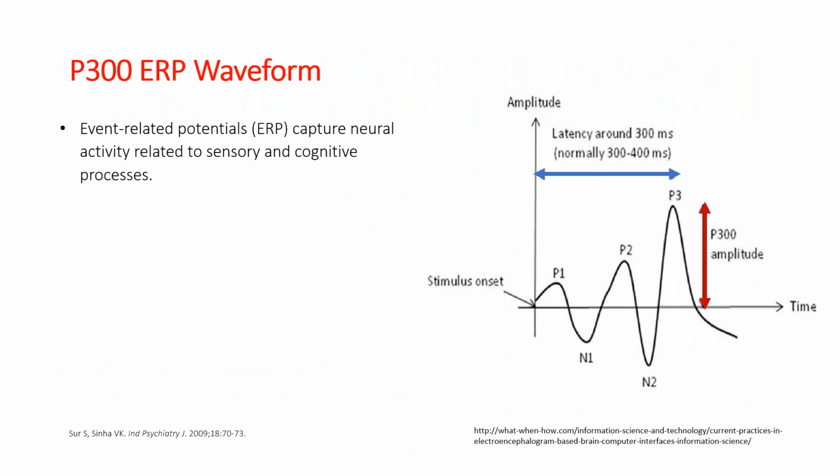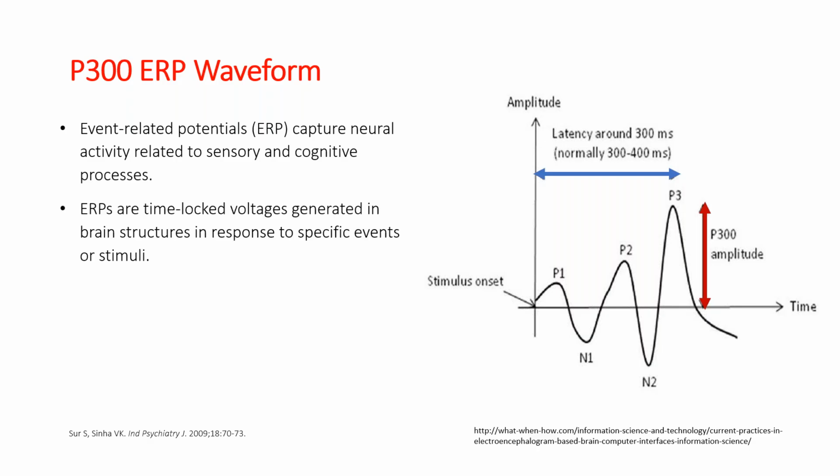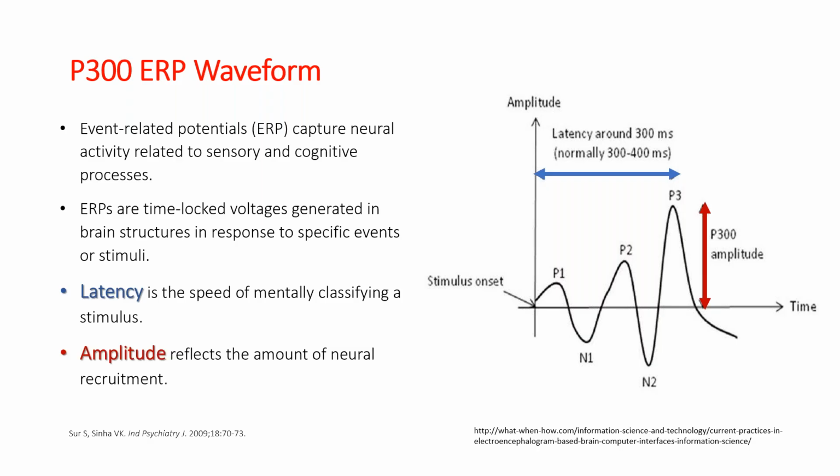So event-related potentials capture the neuronal activity related to that sensory stimuli and the cognitive processes related to that stimuli. And we're looking at the latency, how much time it takes post-stimulation, and the amplitude, which reflects the amount of neural recruitment.